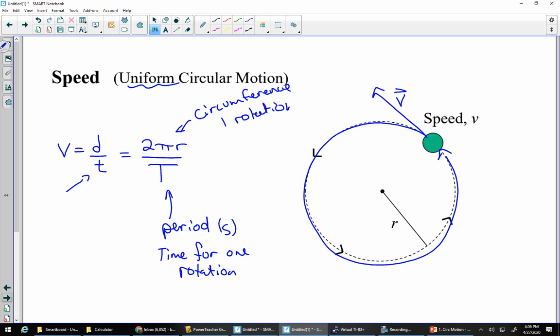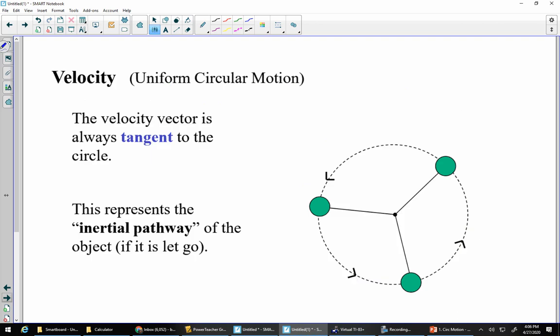Nice, so we can get the speed there. v is equal to d over t, but a very specific d, the circumference, and a very specific t, the period.